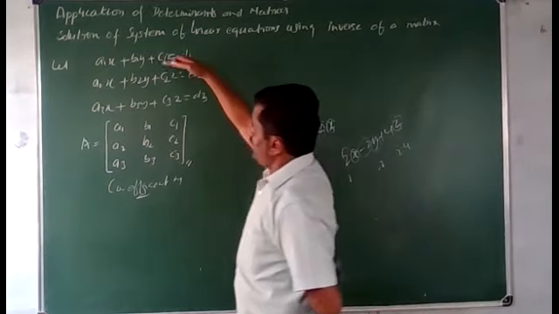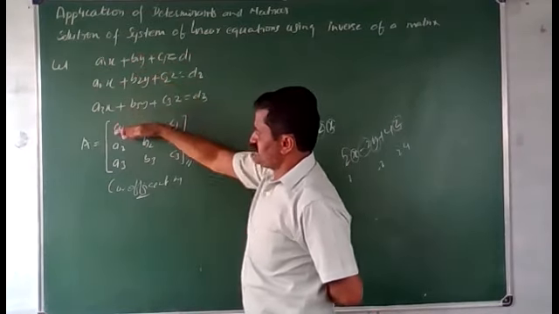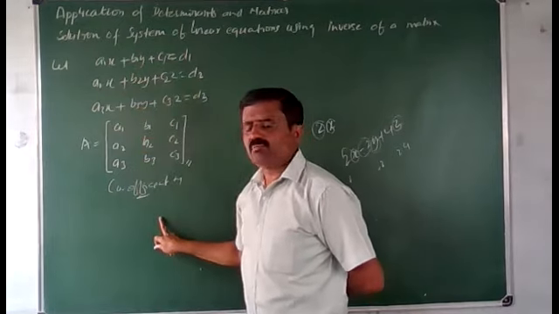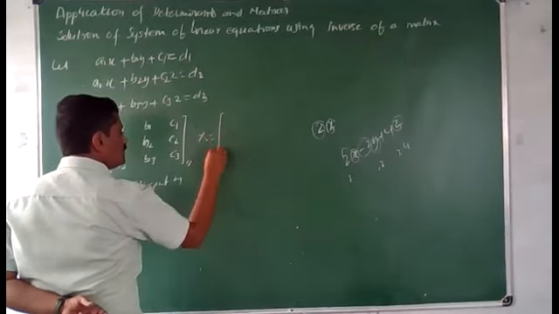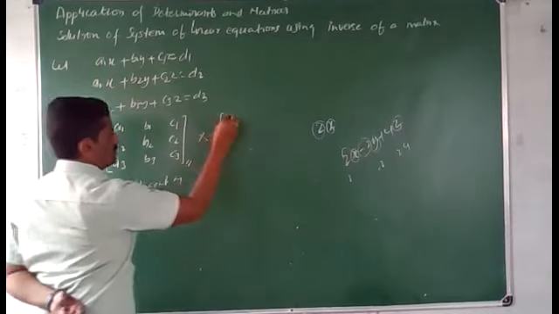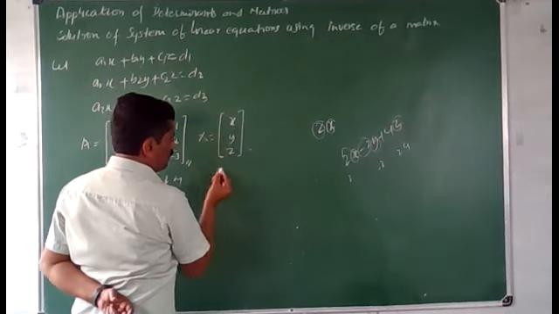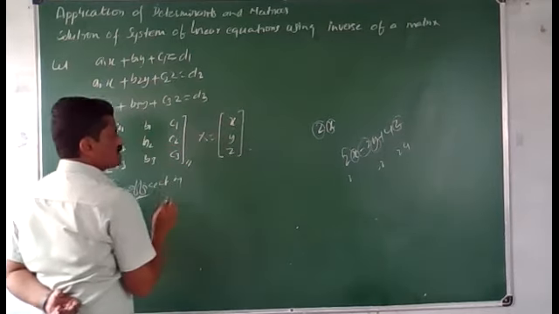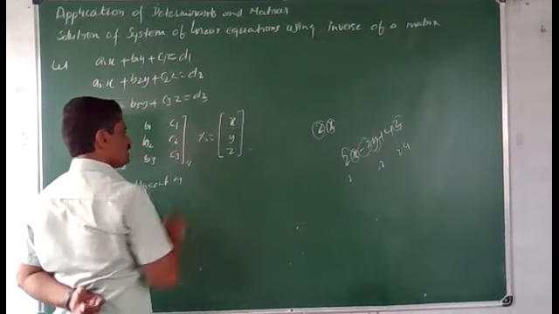So now writing the coefficients of the system of linear equations, we get a coefficient matrix. Then X is equal to, that is the variable matrix. What are the variables? x, y, z. Remember, they are the variables. Usually these x, y are elements; this is called a matrix itself.